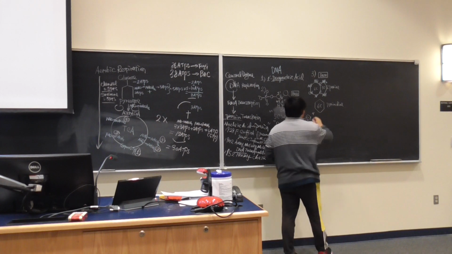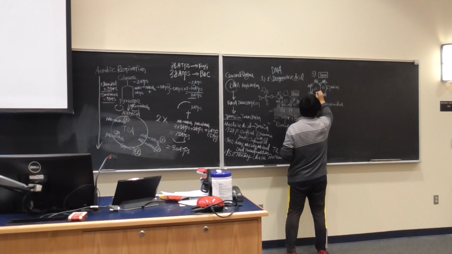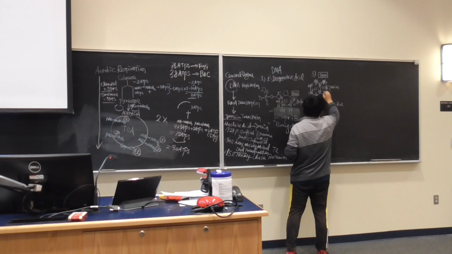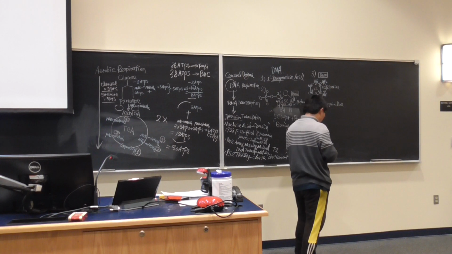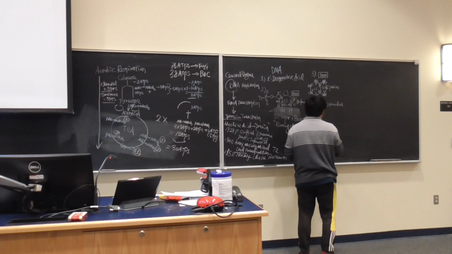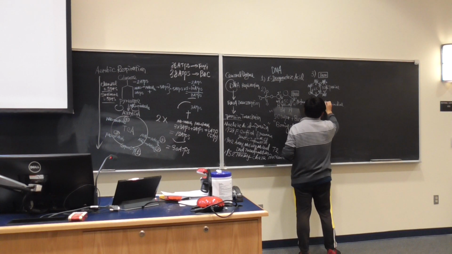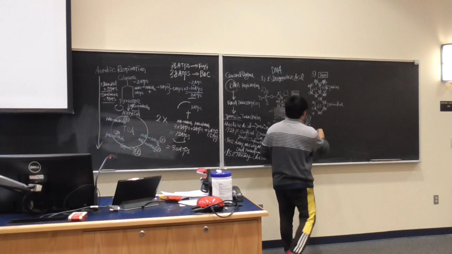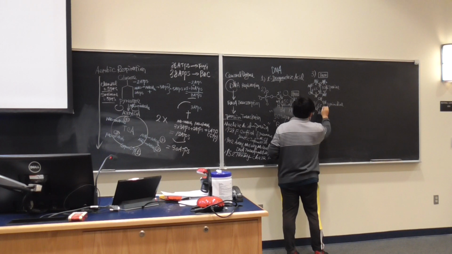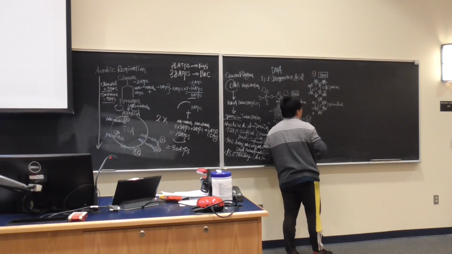And then the carbon numbering goes 1, 2, 3, 4, 5, 6, 7, 8, 9. And then the pyrimidine looks like N, CH, NH, CH, CH, and CH. Then you have 1, 2, 3, 4, 5, 6.